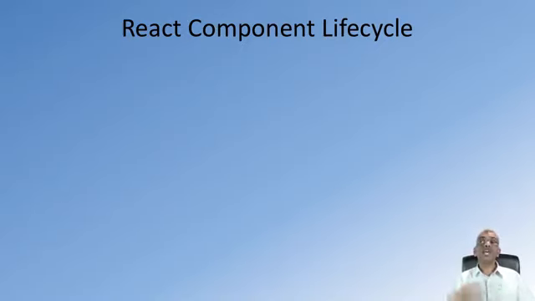So a component passes through what we call the life cycle for the component. Initially the component doesn't exist. Then the component gets created, and once it is created, it can be mounted into your React application at an appropriate point in the hierarchy of components.